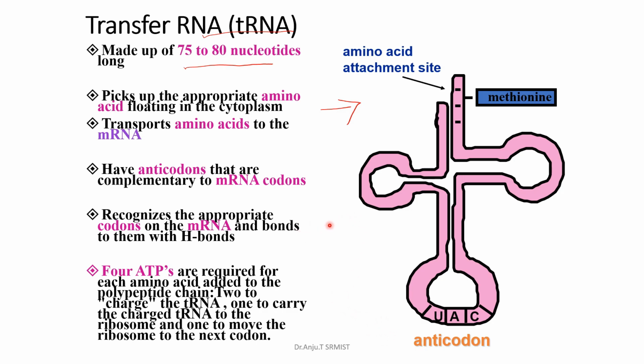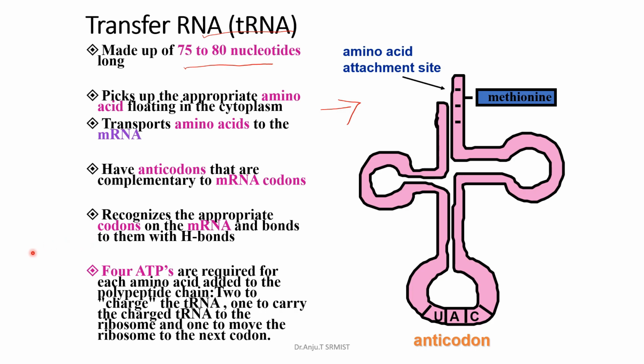So this tRNA will carry amino acids. Once the tRNA carries an amino acid, it is called a charged tRNA. So it carries the amino acid and transports it to the mRNA where the protein synthesis is taking place.